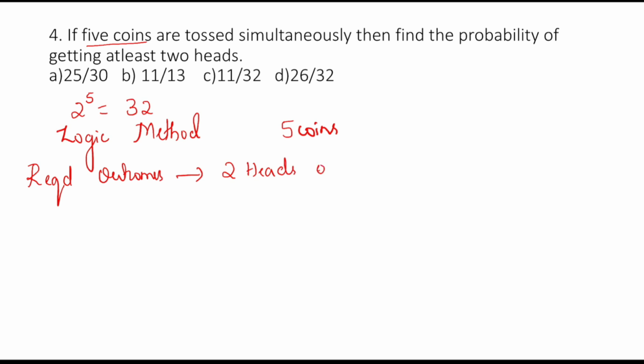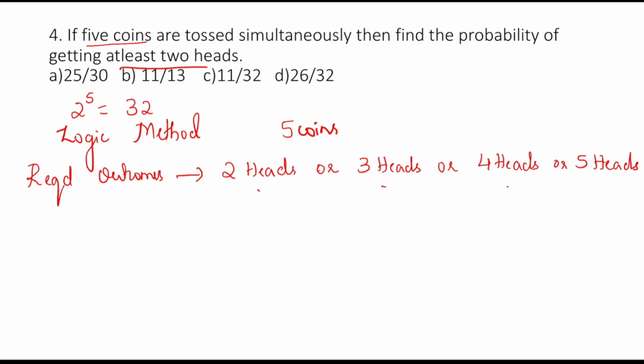So 2 heads, or we can get 3 heads, or 4 heads, or even 5 heads is fine. More than this we cannot get, because only 5 coins are there. But 1 head is not required, because they are asking at least 2. So 1 head is not necessary. So 2 heads or 3 heads or 4 heads or 5 heads.